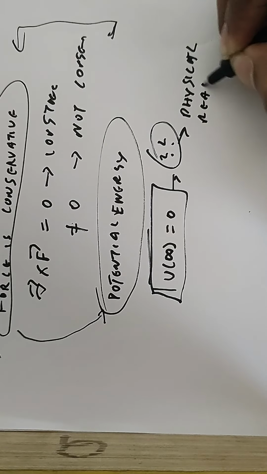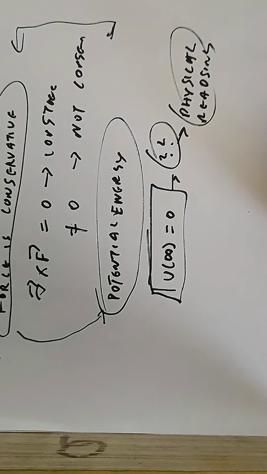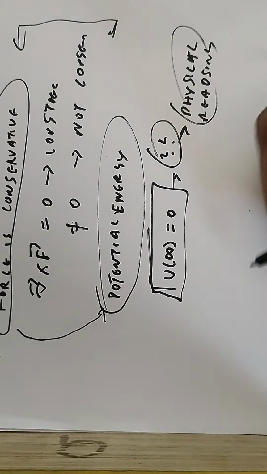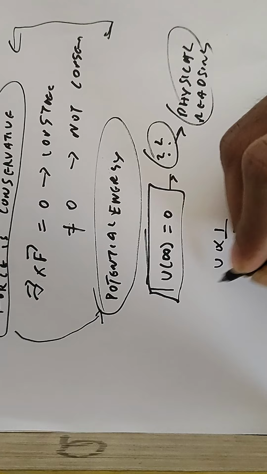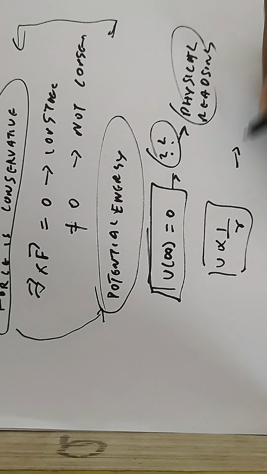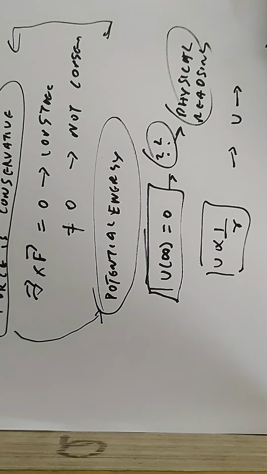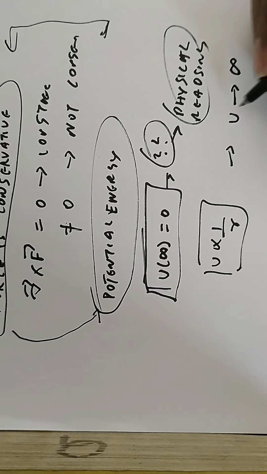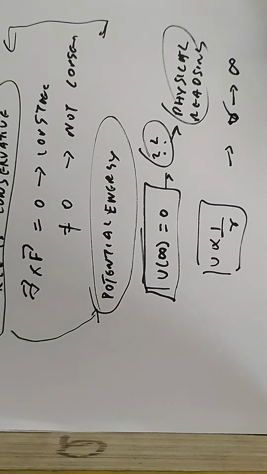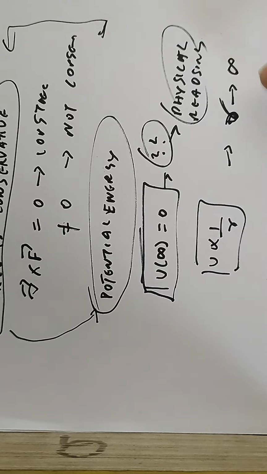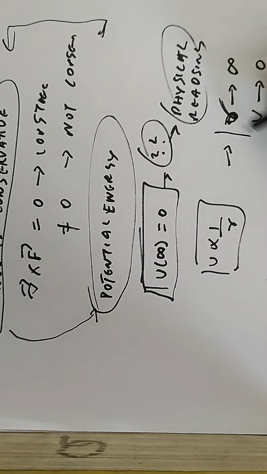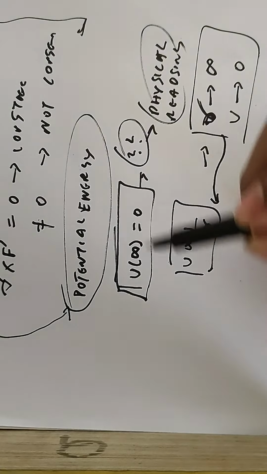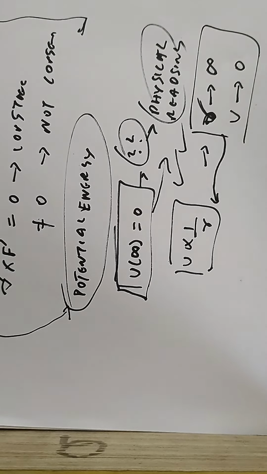Physical reasoning is required. Actually, yes: the potential goes like 1 over r, and as the distance reaches infinity, our potential tends towards 0, which is viable from this particular equation. So my claim is correct.